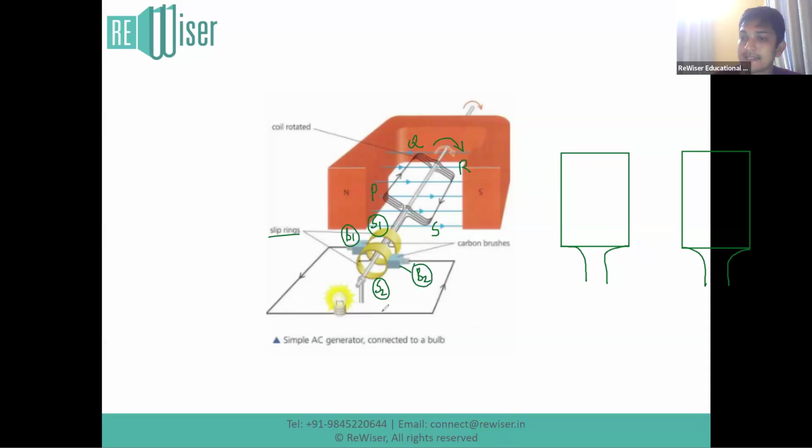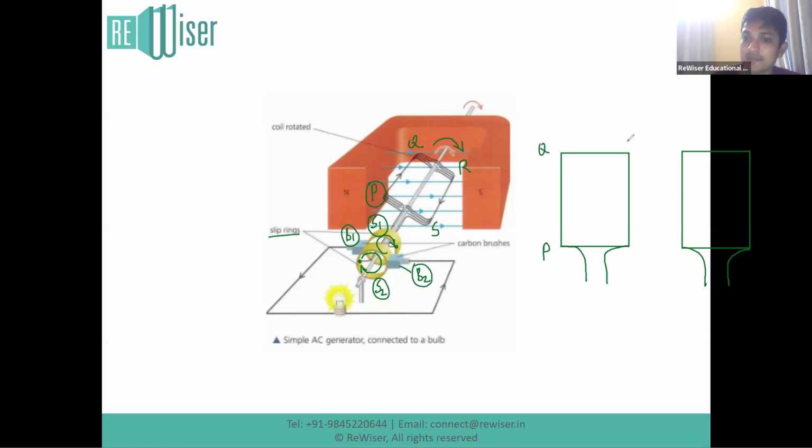Here, with slip rings, you'll notice that the contacts don't change, because this contact will rotate like this, this contact will rotate like this, or in any direction. So the contact will not change. That means part P will always be connected, I guess, to S2, and part S of the coil will always be connected to S1. Let's see how that works.